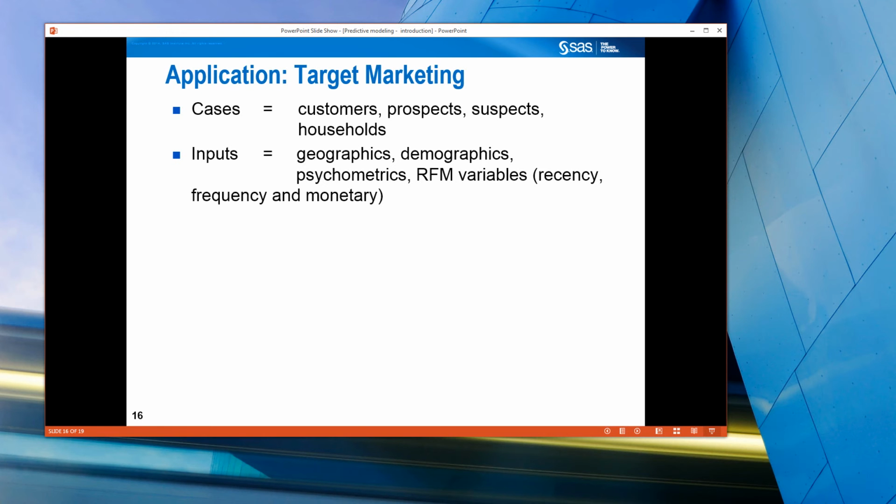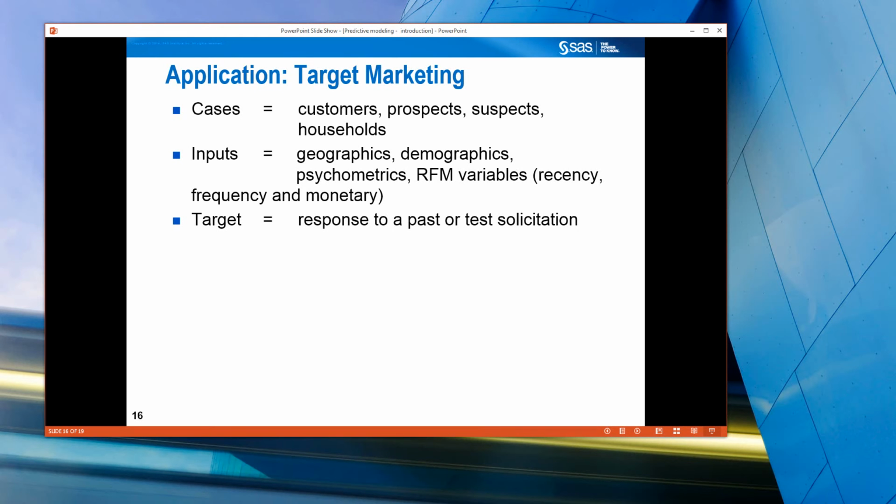RFM relates to business transactions: how recently a customer transacted with you, how frequently, and how much money. So these are inputs. The response, the target or dependent variable, would be how a customer may respond to a test solicitation. You want to ask the customer to try a new product, and whether he will respond positively or negatively may be the target variable.